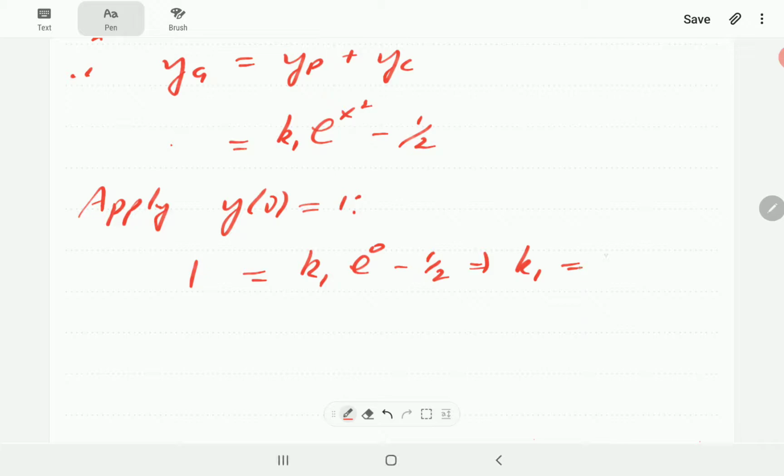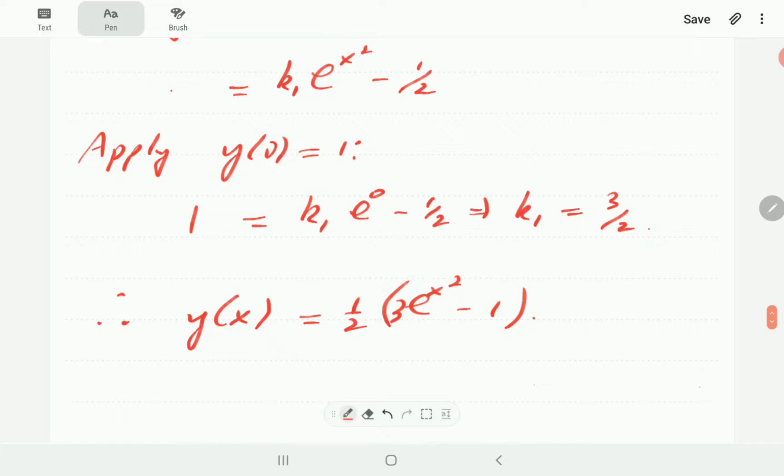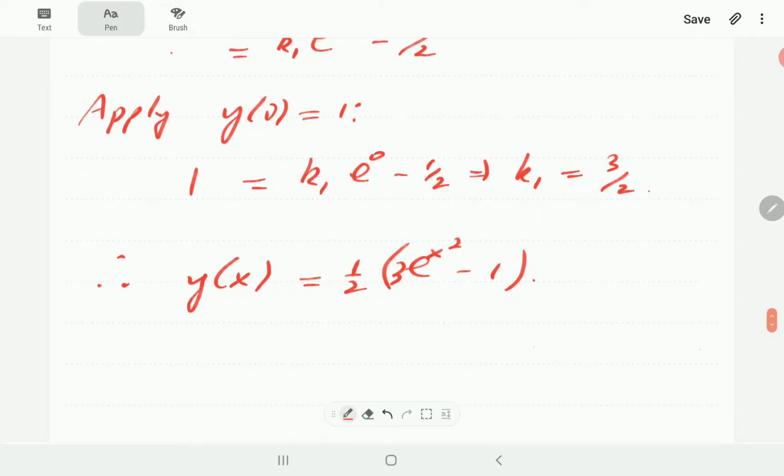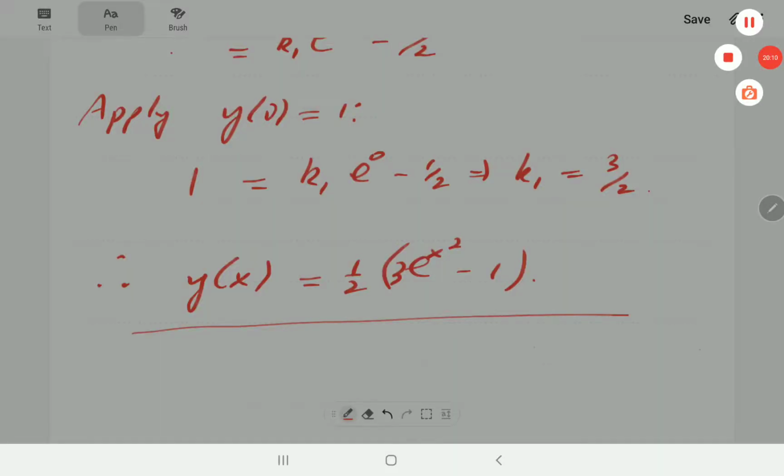Then this is going to tell us that k is 1 plus 1/2, which is 3/2. And so our particular solution is going to be 1/2 into 3 times e to the x squared minus 1. All right, so that sorts out our part A.